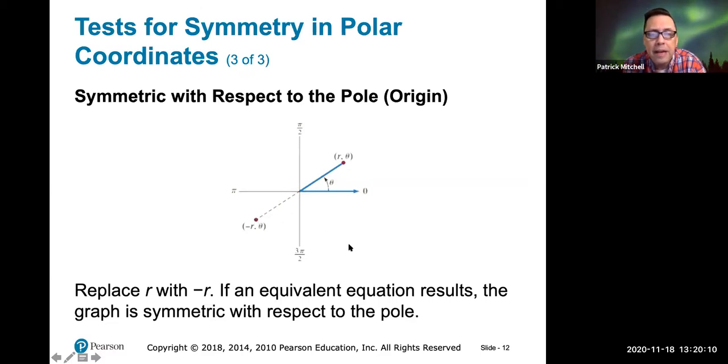So if you replace r with opposite r and get an equivalent equation, that means you definitely have symmetry with respect to the pole. All right. So just remember the possible answers from these tests for symmetry are either yes, you have symmetry, or maybe. These tests are never going to give you a hard no.